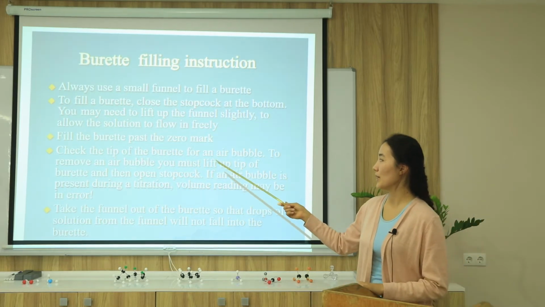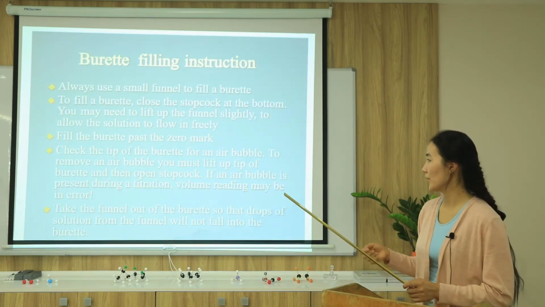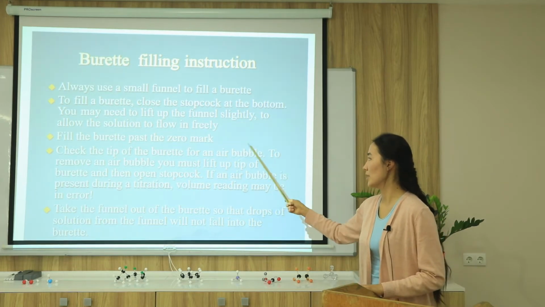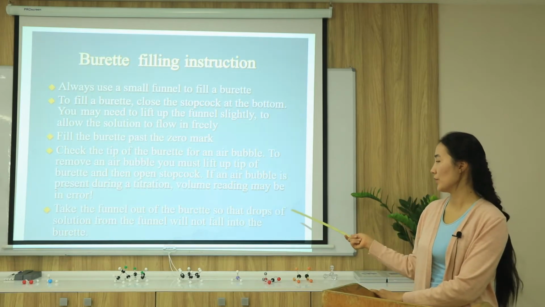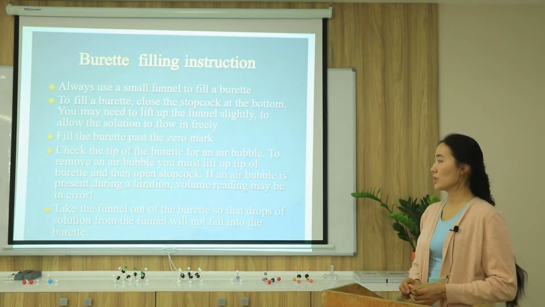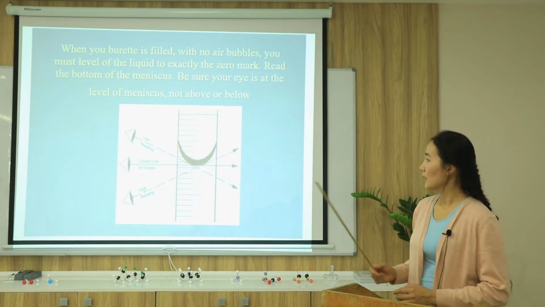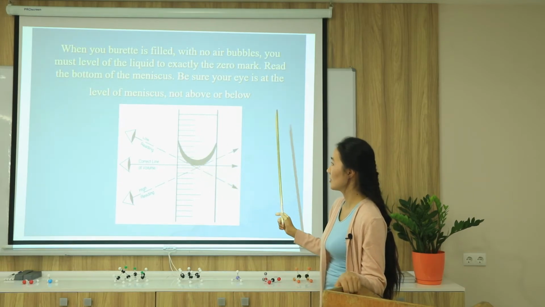Then fill the Buret past the 0 mark and check the tip of the Buret for an air bubble, because an air bubble also affects the error in our calculation. Also take the funnel out of the burette so that drops of solution from the funnel will not fall into the burette. Here it's the correct line of the volume added to our burette.